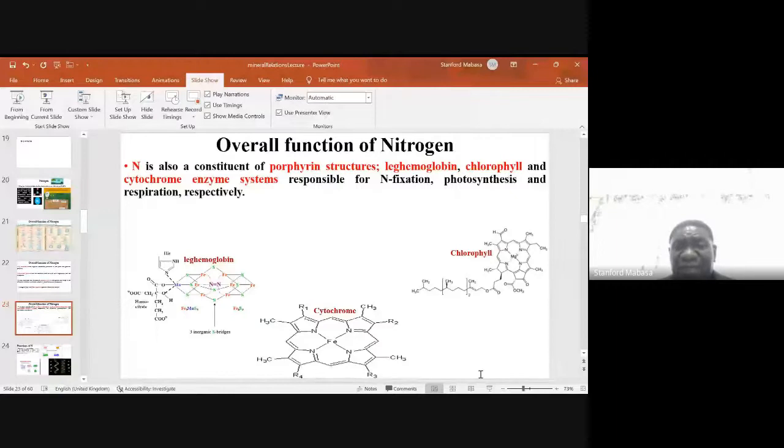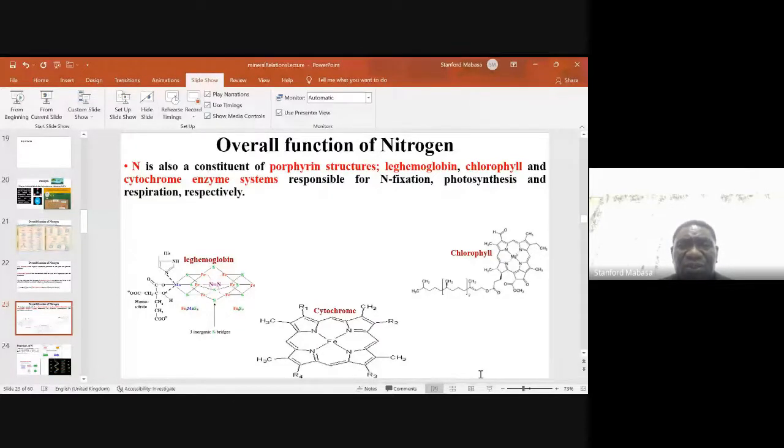Cytochrome enzyme systems, probably later on in the future, we may talk about how they can be involved in pesticide detoxification and other causes.